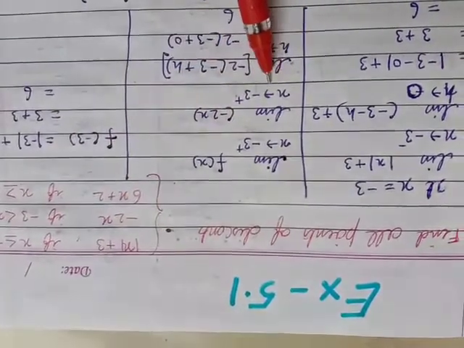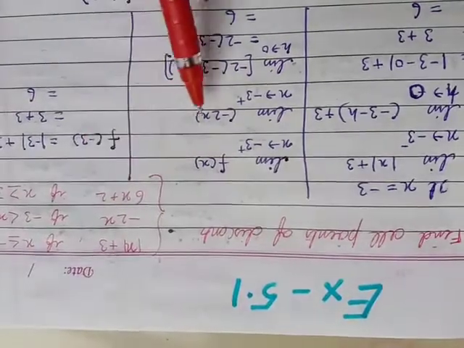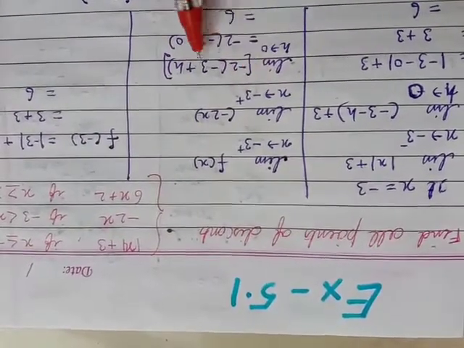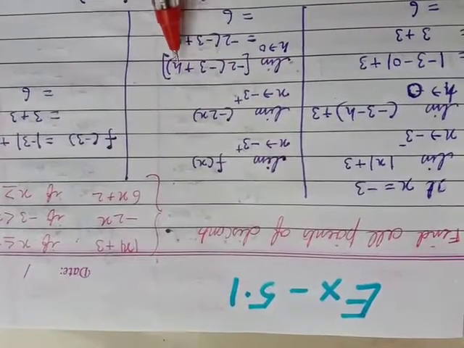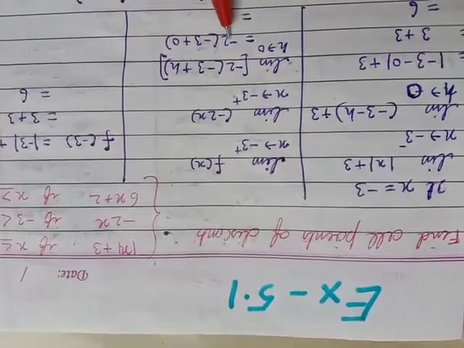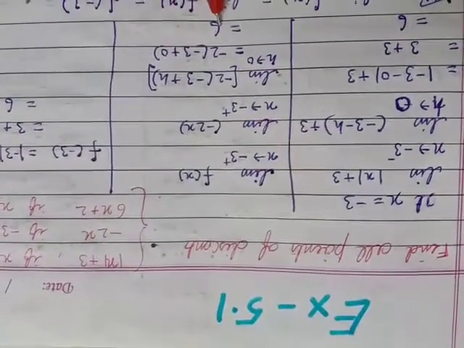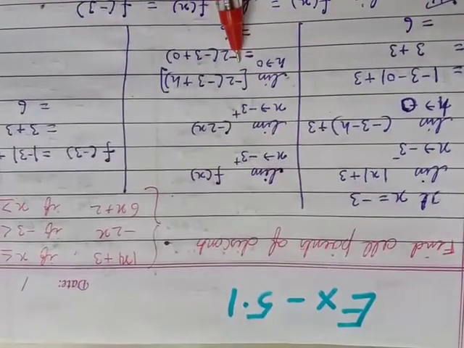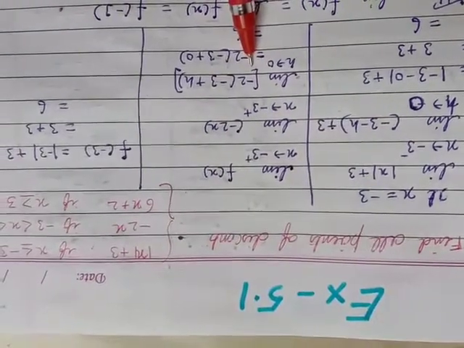So limit h tends to 0 of -2 times (-3 + h), since right hand side means I am adding h. Now put h equal to 0. So -2 times -3 plus 0 becomes again 6. So the left hand limit and right hand limit are both equal. So we will check at the value of the function.